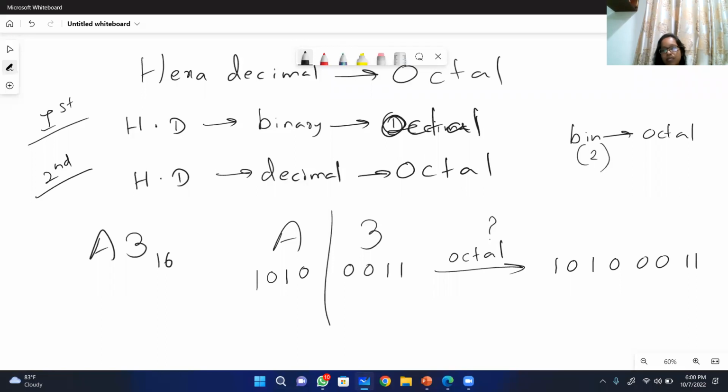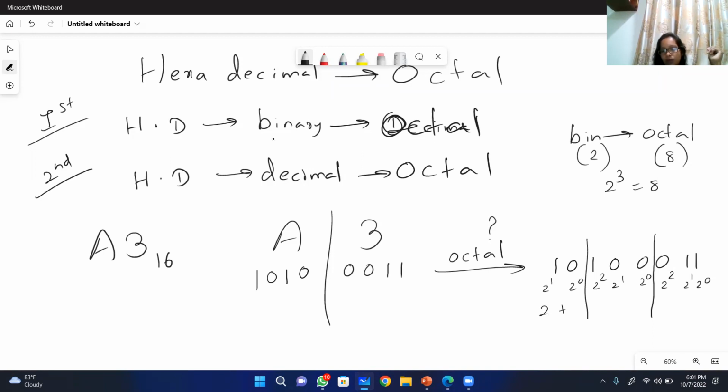Binary is base 2, octal is base 8. So what you have to do? 2 to the power 3 is 8. Using that relationship, just cluster in 3s. You have to take the clusters of 3 and write down the place values, and then add.